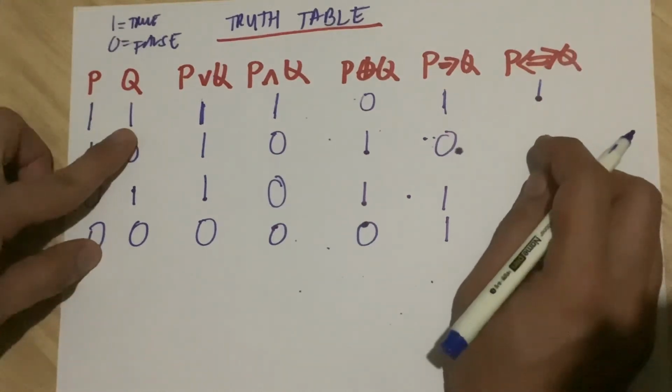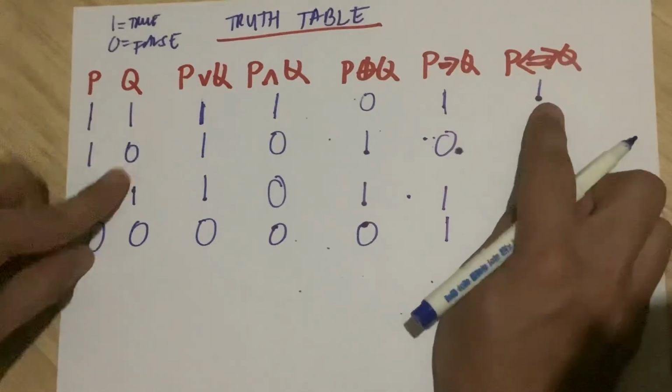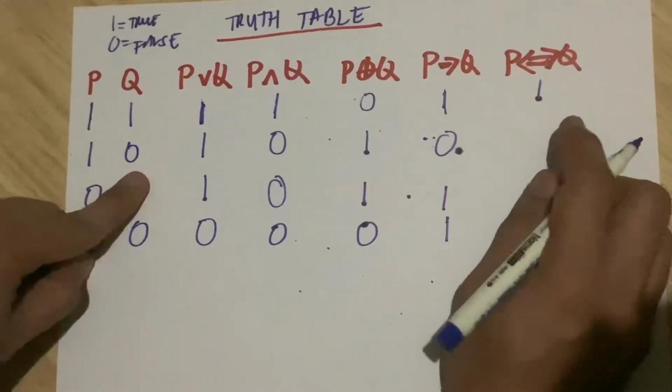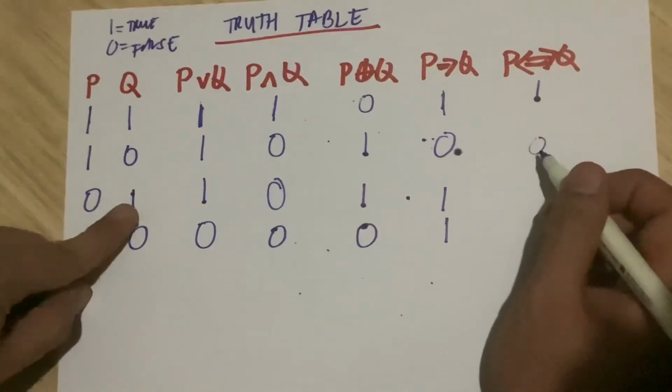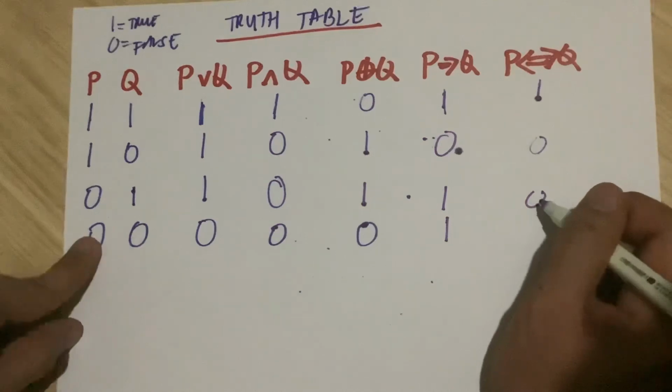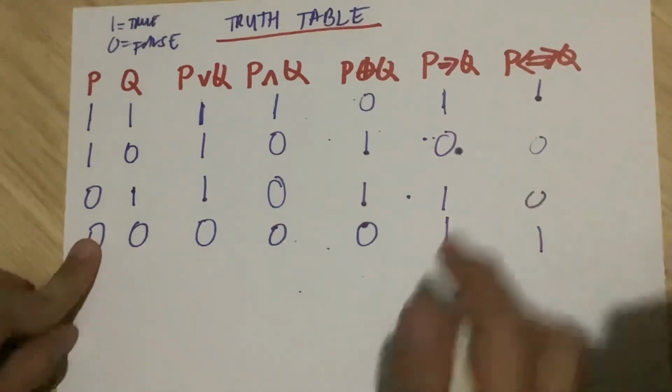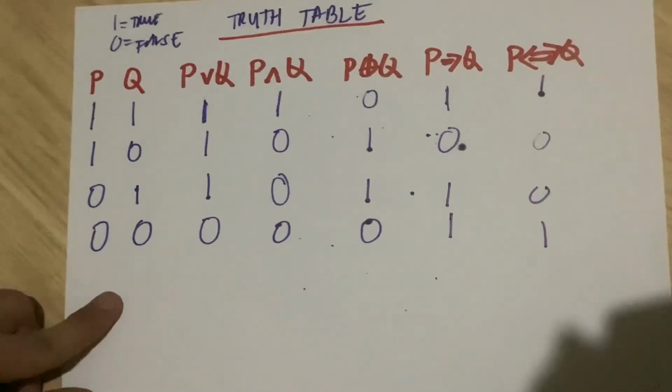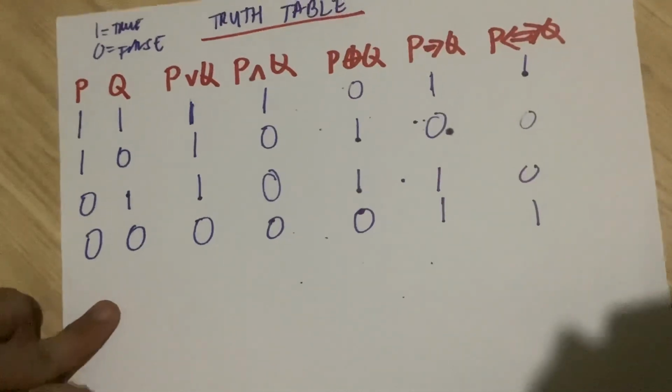So let's have this. Both statements are true: true. Are both statements the same? False. Both statements are the same? False. Both statements are the same? True. Okay. So this will be the first part for the truth table.